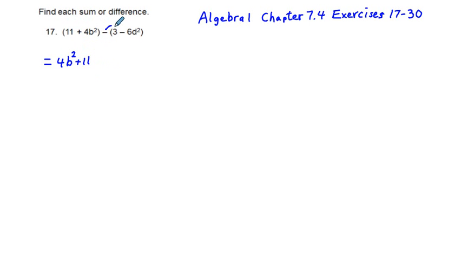And then for this second set of terms, we're going to have minus 3. And I'm going to write that in order too. I'm going to put minus 6d squared, which is going to be plus 6d squared, and then minus 3.